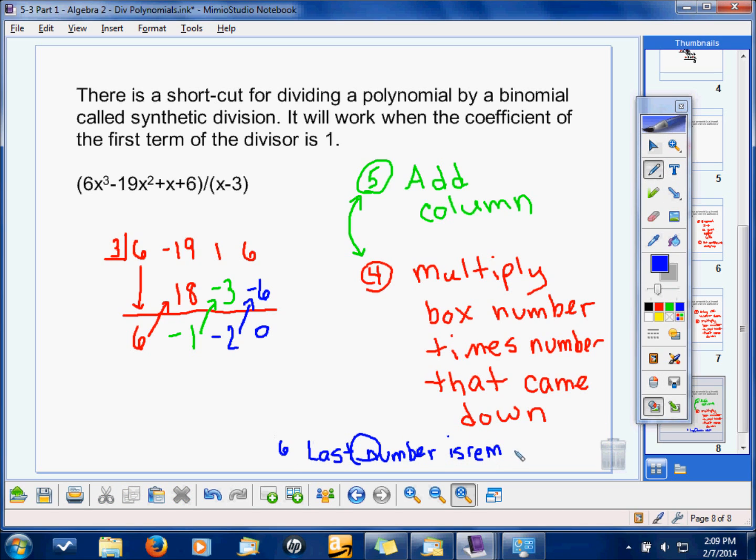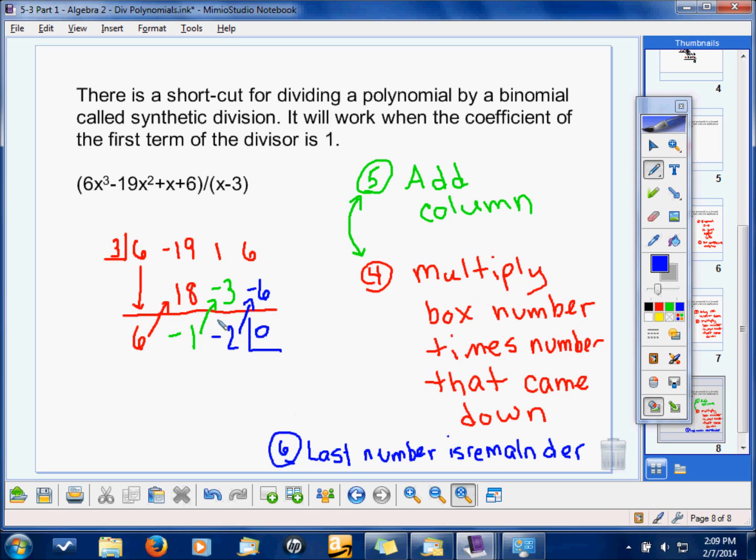Remainder. The last number is the remainder. Okay, so this one right here, we'll put in another little box so that you can see it. It's set apart.